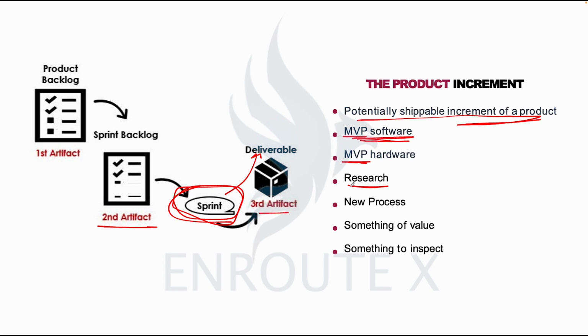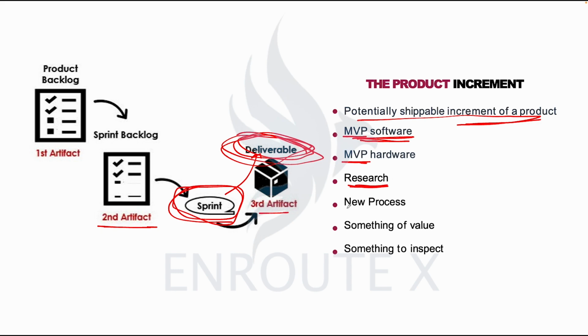Then a research work could form your deliverable. So we're looking at what a team could work on in the course of the sprint and deliver. When you go through a research work, at the end of the sprint you are expected to deliver a presentation on that research work, or a value to that research work.